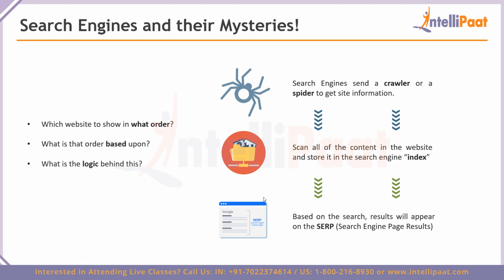So after moving through your website, going through your content, it's going to index your website. So once your website is indexed, it's going to appear on the Google search page. So this is what SERP, as we call it in short, stands for. It's search engine results page, and this is exactly what would go on if you were to search on a search engine, in fact even other than Google as well. So you have a website first, and then Google's going to send its spiders and crawlers all through your website.